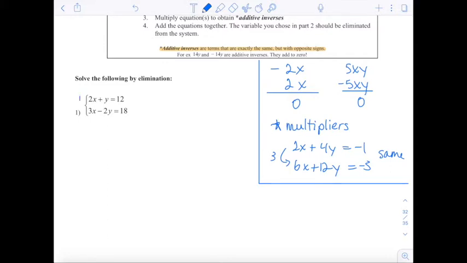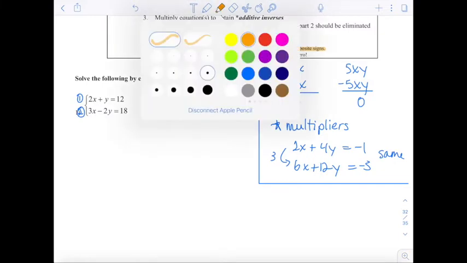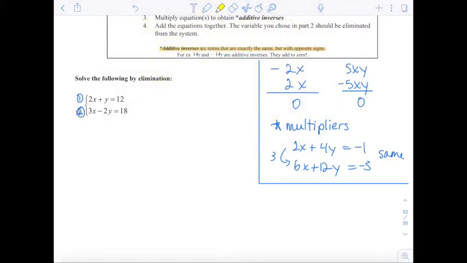Similar to substitution, we're going to label our equations 1 and 2. We could really easily isolate y in equation 1 and sub it into equation 2 and solve, but that's not the process of elimination. So we're going to do elimination here, and I'll show you how. The first thing I want to do is identify the variable I want to eliminate, and in this case I'm going to choose to eliminate y.